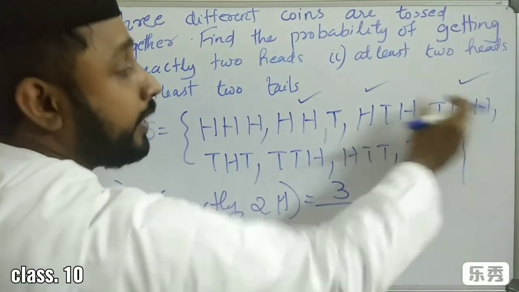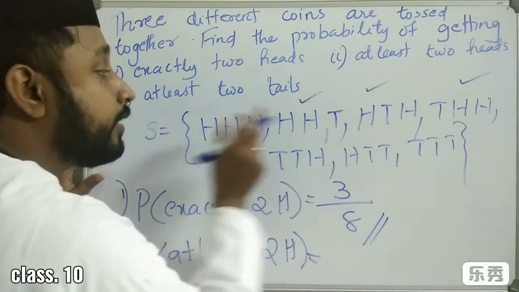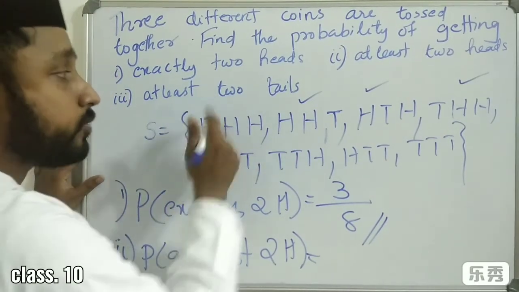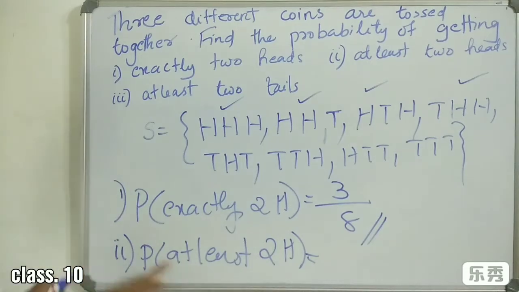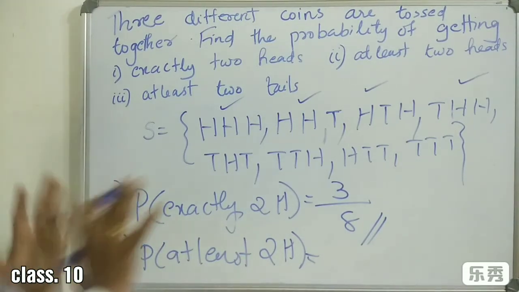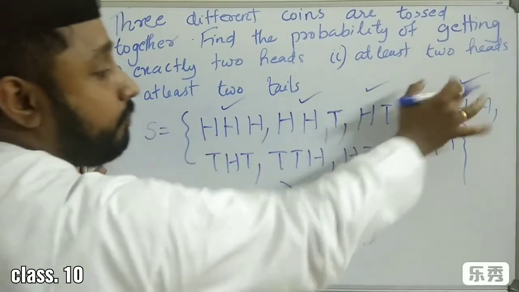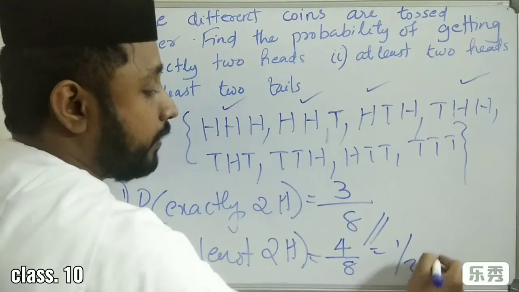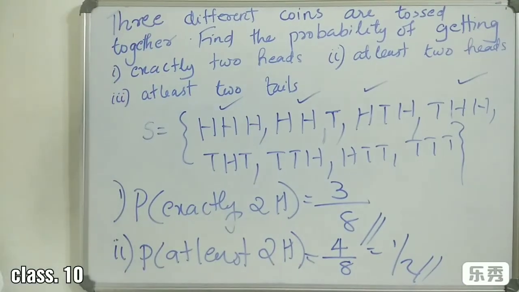So here 2 is there, here 2 is there, here 2 is there, here also 2. Here 3 is not a problem, so we can include this also. So at least means 2 is a must. If 3, it is okay. So 1, 2, 3, 4. So 4 by 8, which is equal to 1 by 2.